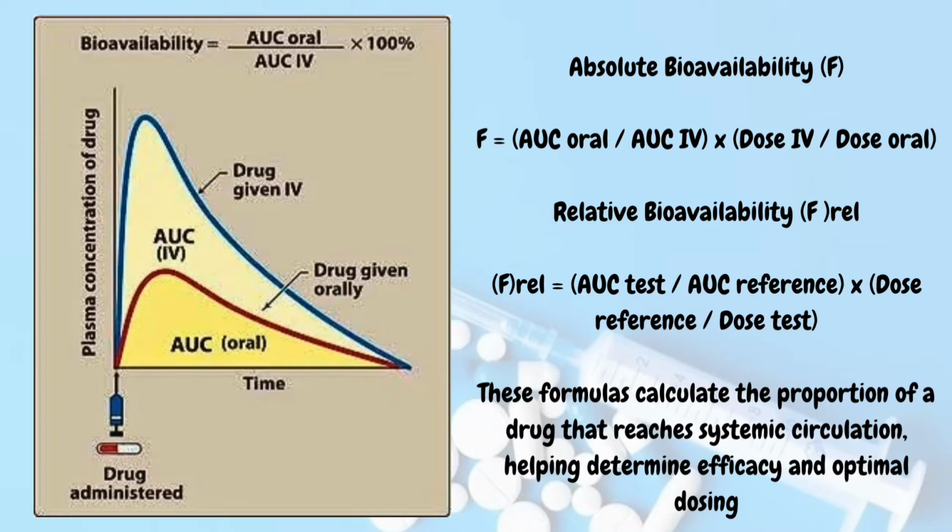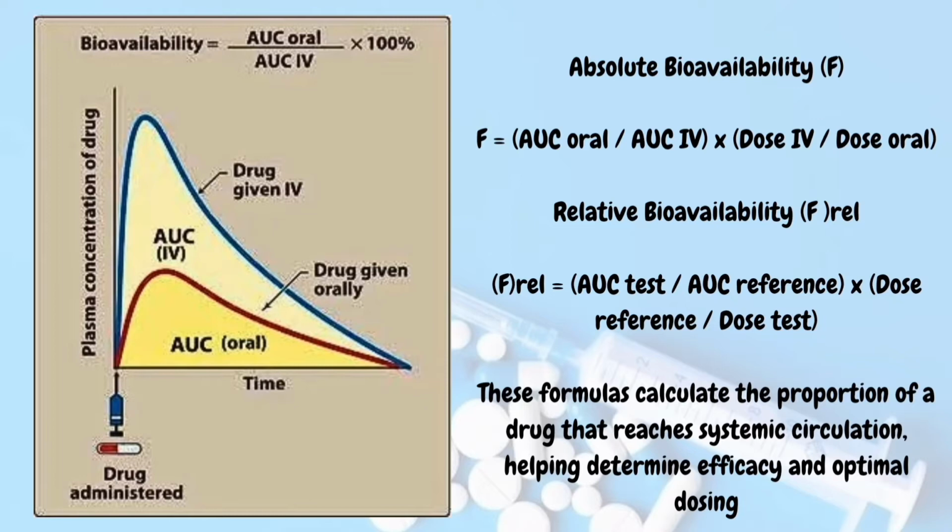Then we have the horizontal axis, which is the time. Looking at the area under curve, which is the AUC, whether it is given intravenously or orally, you can see that drugs given intravenously have a higher plasma concentration compared to drugs that are administered orally.